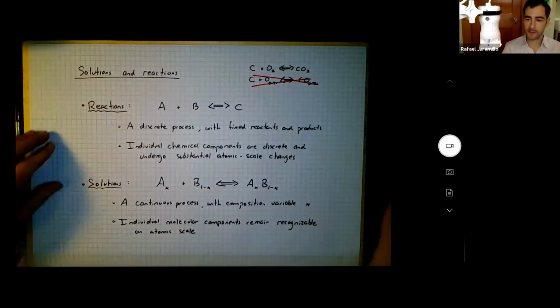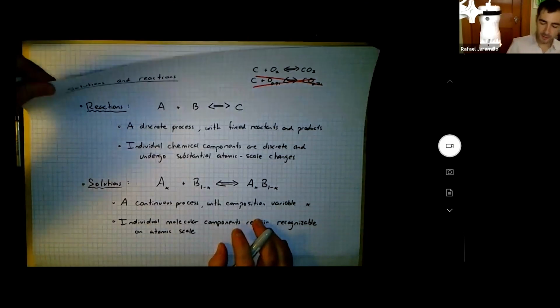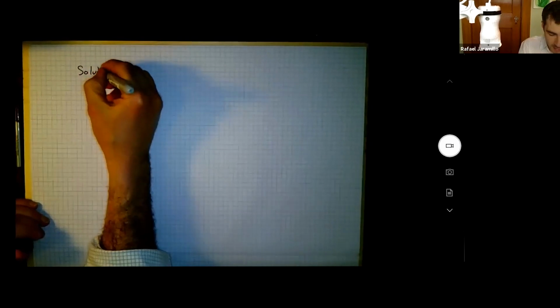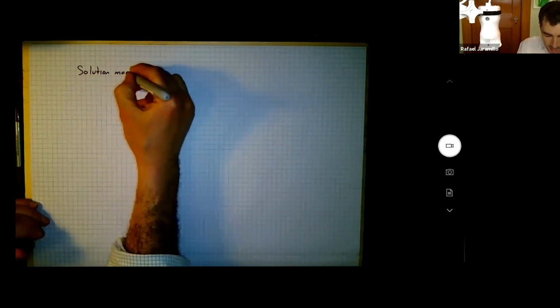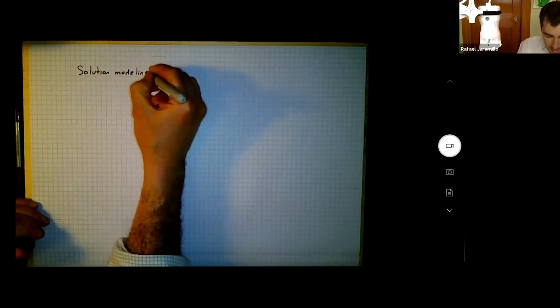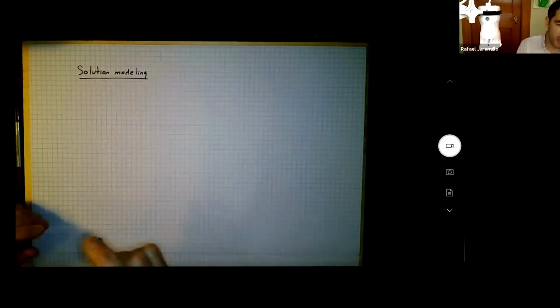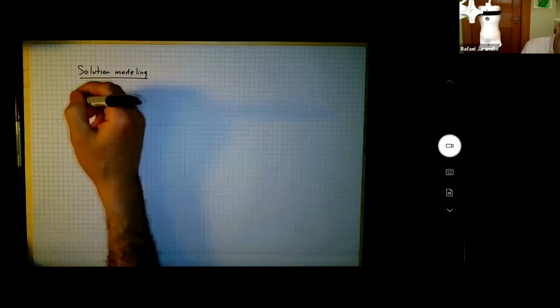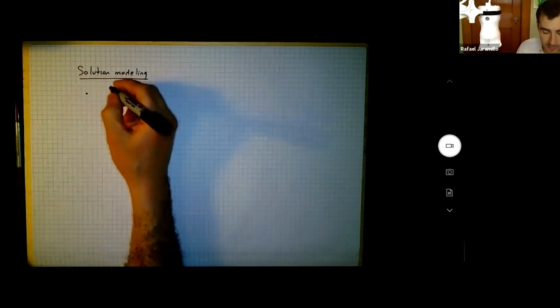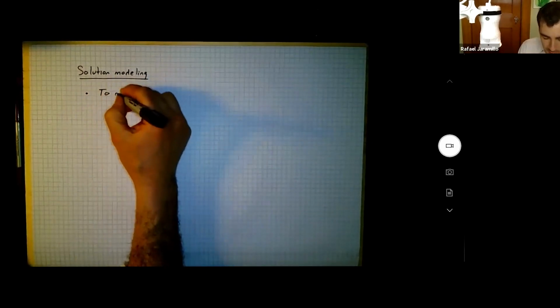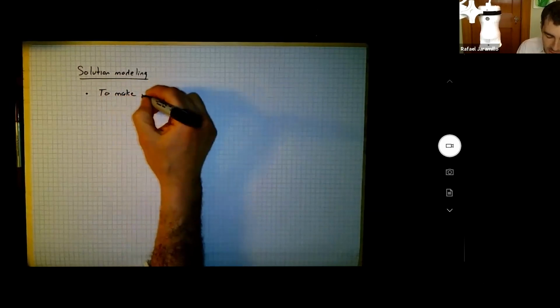All right, let's move on. Let's talk about solution modeling. This is basically a postulate. This is about making a postulate. So we know that to make predictions, right?